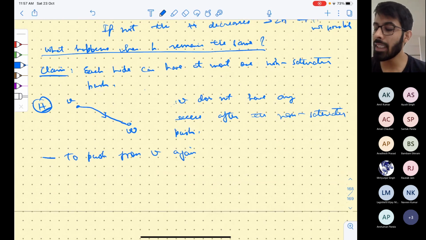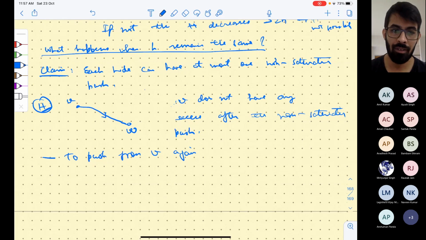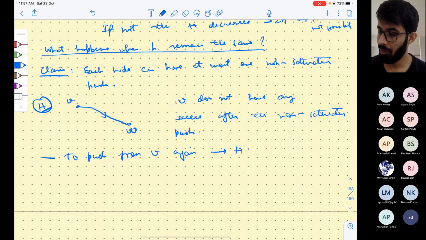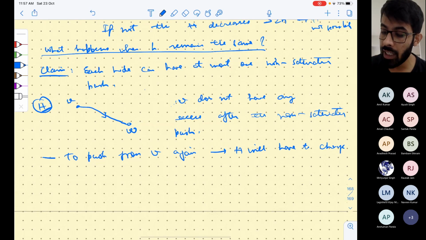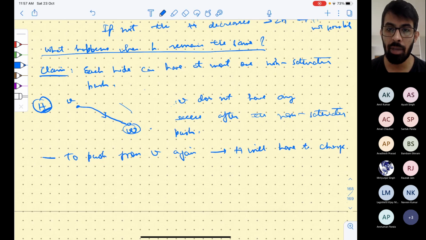Anyway, the point is that h will have to change. Something will have to go above V to give some excess flow to V, and V is already at the highest height, that is h. That means something will have to go above V, either W or some other vertex, to give V some excess flow, right?